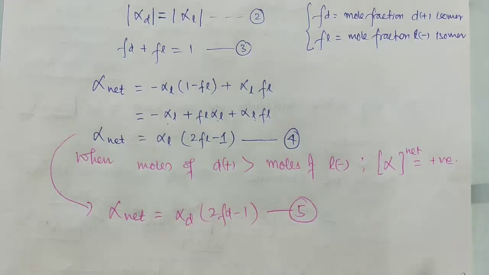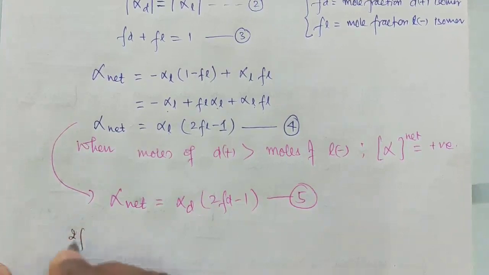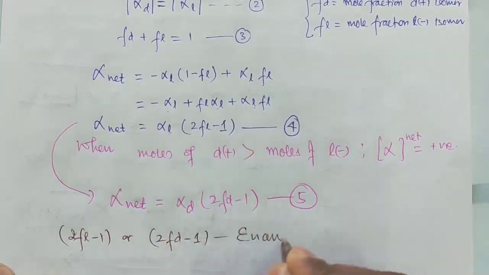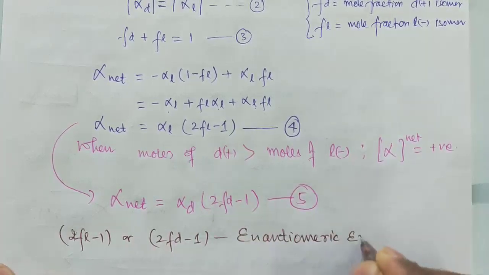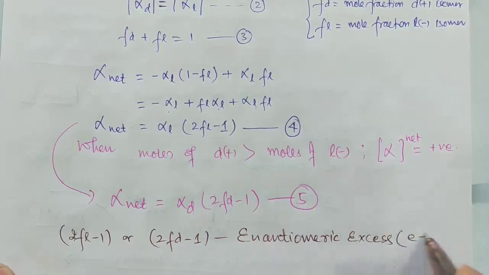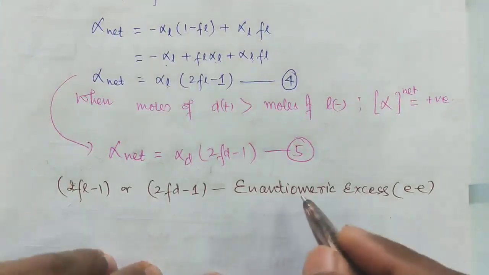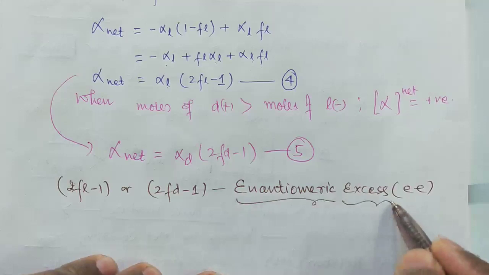What you have to find here is this term, 2FL minus 1 or 2FD minus 1. This is called enantiomeric excess, means double E. These dextro and levo isomers are also called enantiomers.